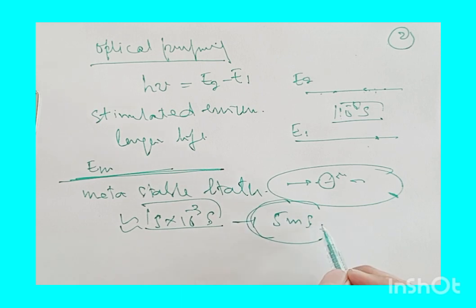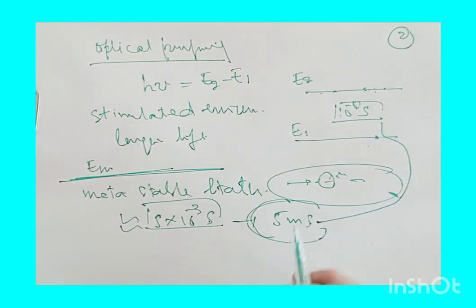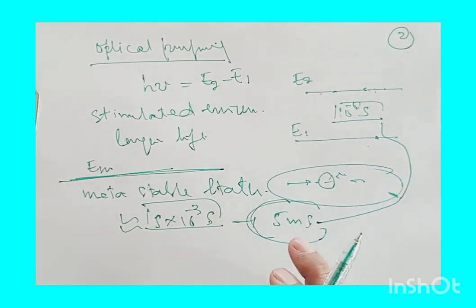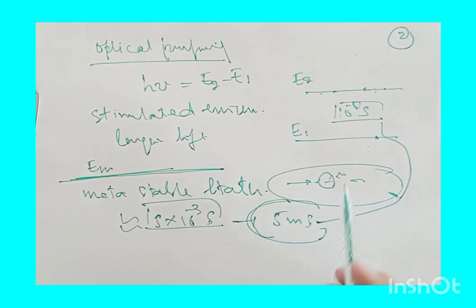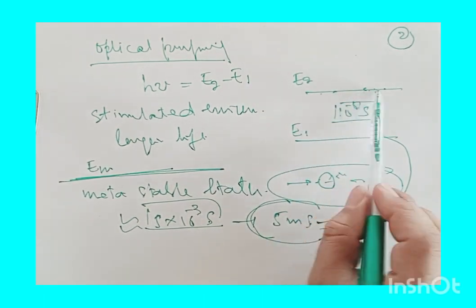So 5 milliseconds is much more than 10 to the power of minus 8 seconds.